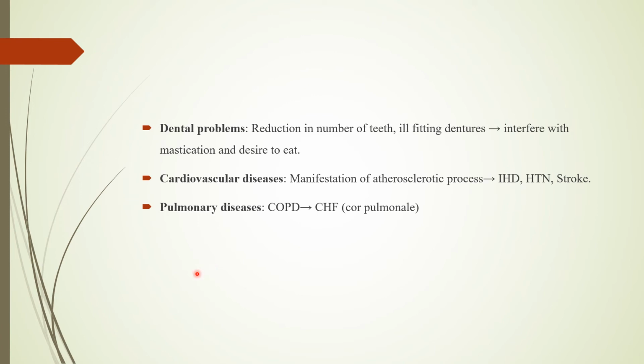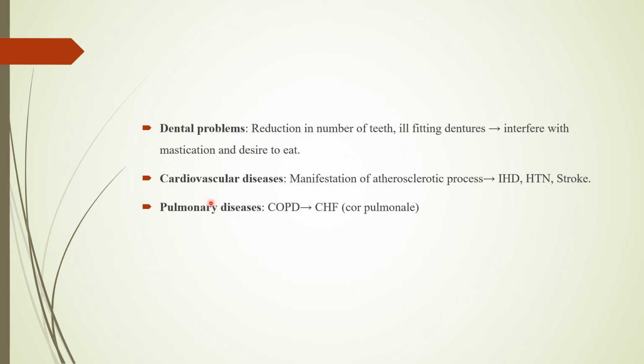Then dental problems; they also suffer from these. In later ages, people have fewer teeth, and some have ill-fitting dentures. They interfere with mastication and the desire to eat. When they have less desire to eat and difficulty in mastication, it ultimately leads to malnutrition.